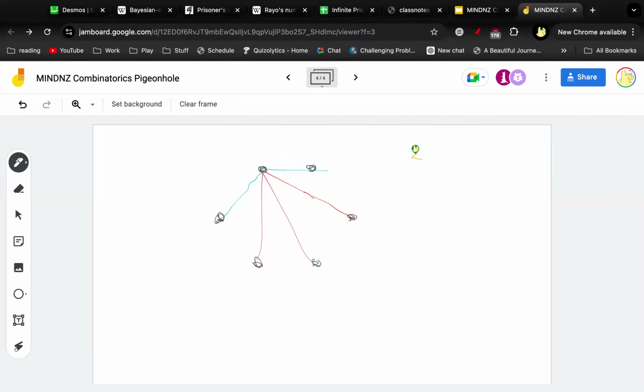So you really want to be comfortable with it and see it really quickly and have it make intuitive sense, without having to think about pigeons and pigeonholes every time.